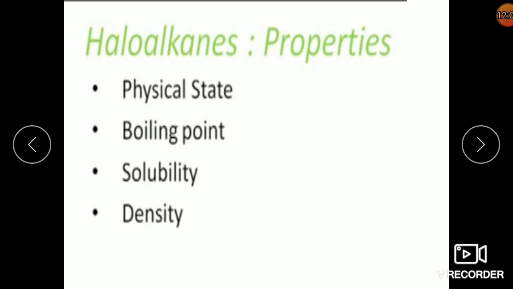Generally haloalkanes are colorless, but if you choose bromoalkane and iodoalkane and somehow expose them to light, then sometimes they impart color as well. They are volatile compounds, they have a sweet smell. So these are some of the physical properties of the haloalkane.